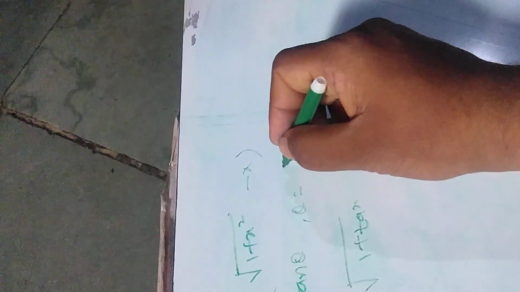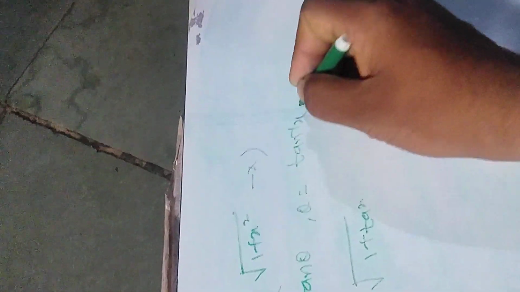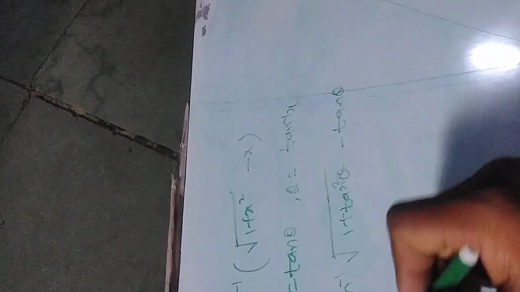So it will be y is equal to tan inverse of under root of 1 plus tan square theta minus tan theta, where theta will be tan inverse of x. In the next step, under root of 1 plus tan square theta will be sec square theta, so it will be tan inverse of under root of sec square theta minus tan theta.